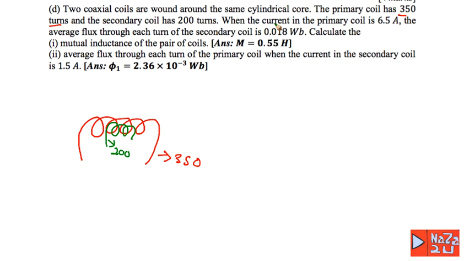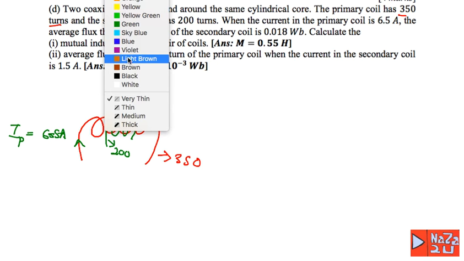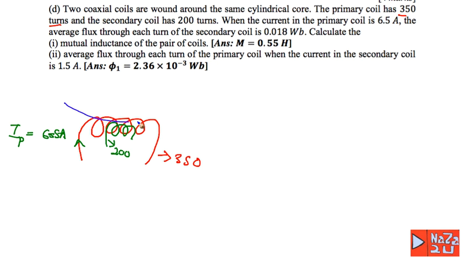When the current in the primary coil is 6.5 ampere, this is the current IP, meaning we have a flux linkage in coil 1, right?